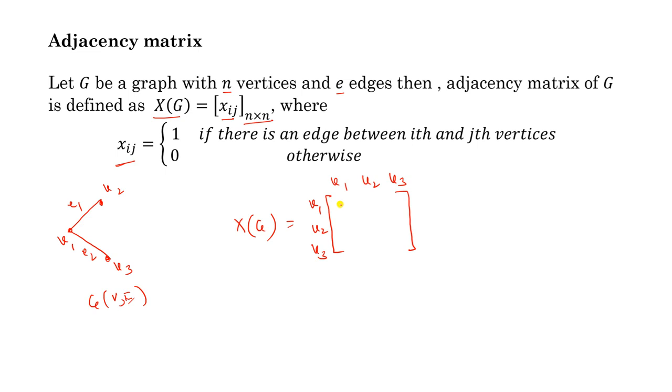So for v1 v1, there is no self loop, so this is 0. Now v1 v2, there is an edge between v1 and v2, so this is 1. v1 and v3, this is 1. v2 v1: if there is an edge between v1 and v2, then automatically there is an edge between v2 and v1, so this is also 1. v2 v2 is 0. v2 v3, there is no edge between these two vertices, this is 0. Now v3 v1, there is an edge, this is 1, and v3 v2, no edge, this is 0, and v3 v3 is 0. So this is the adjacency matrix of the graph G(V, E).